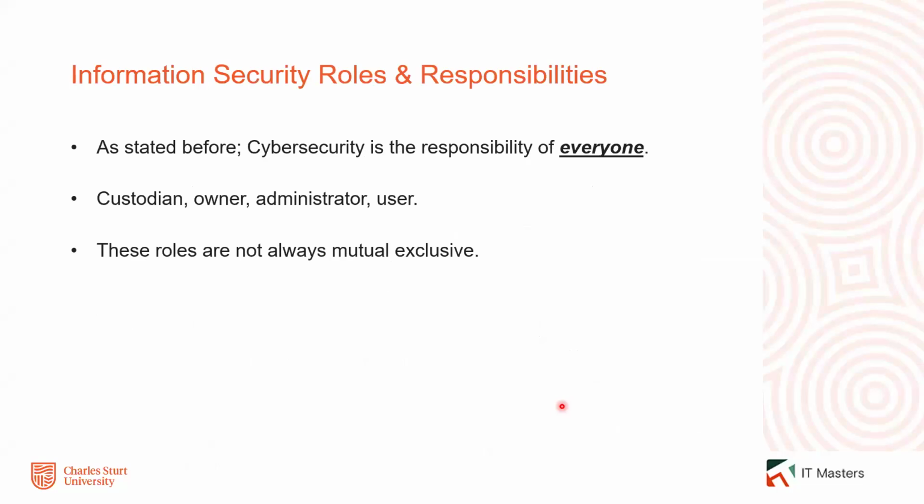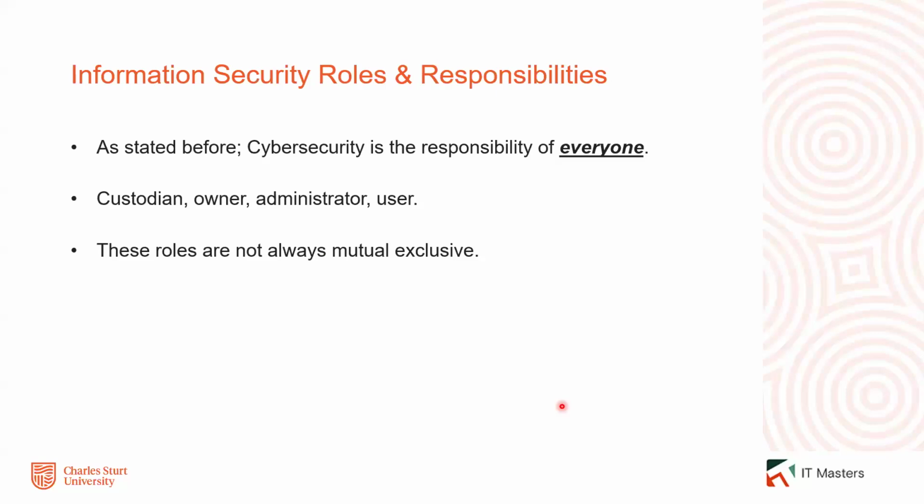Just harking back to our roles and responsibilities, because we'll see how these relate to access control in a minute. As we've said before in the previous couple of weeks, cybersecurity is a responsibility of everyone, as is information security. Remembering information security is security within the organization. Cybersecurity also entails all those interactions that we have with outside parties.